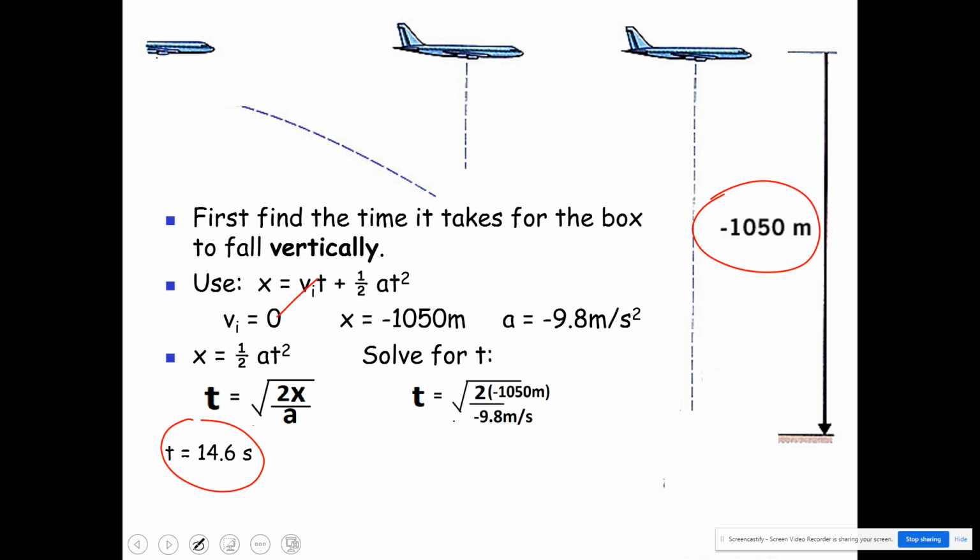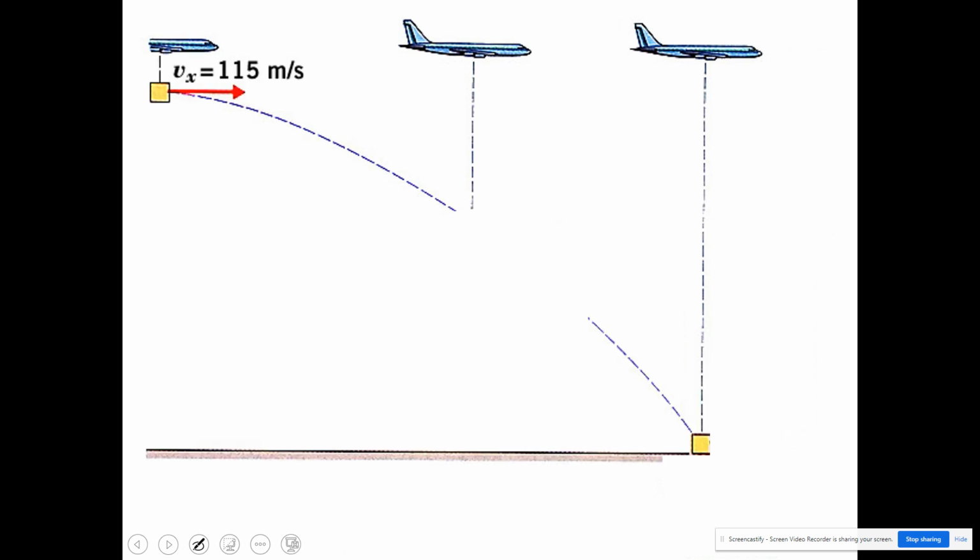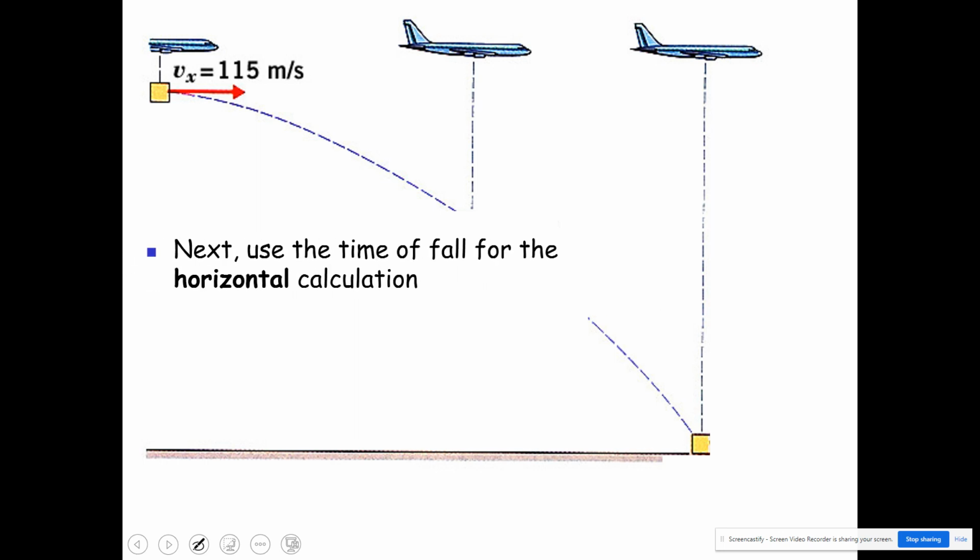Well, as it's falling to the ground, it's actually moving forward. It's moving forward at a speed of 115 meters per second. So next, I'm going to do this part, okay? It's going to be traveling at that speed for that time that we just calculated, and I want to solve for how far it's going to go, so I have to manipulate the formula to look like this.